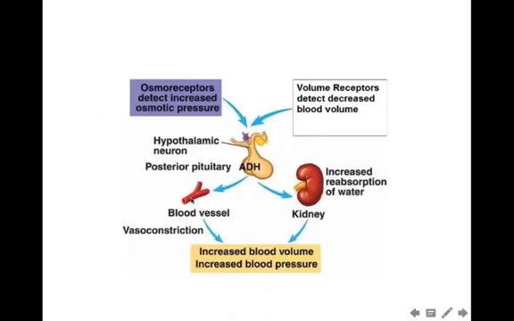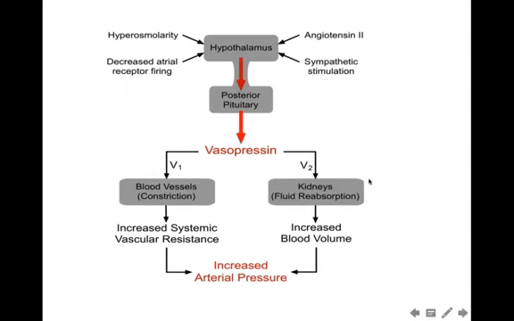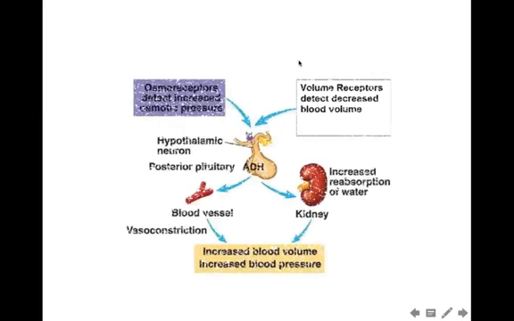It acts on V1 receptors found in the walls of the systemic blood vessels, causing them to constrict, increasing the systemic vascular resistance, and finally increasing the ABP or arterial blood pressure. Vasopressin 2 is secreted when body fluids drop, or as we call it, a state of dehydration detected by two receptors.